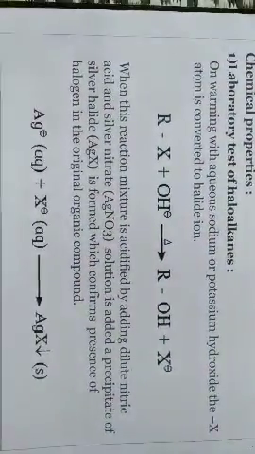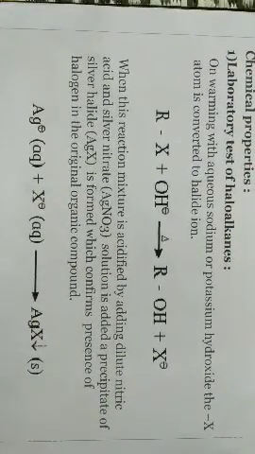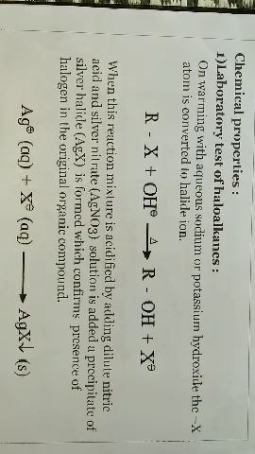So that was about the optical activity part. Now we'll go for some chemical properties of the substances. Let's see the laboratory test of haloalkanes. Haloalkanes on treatment with aqueous sodium or potassium hydroxide convert the halogen atom X to the halide ion. Here R-X plus OH minus, we can use any base, NaOH or KOH, gives ROH and X minus.